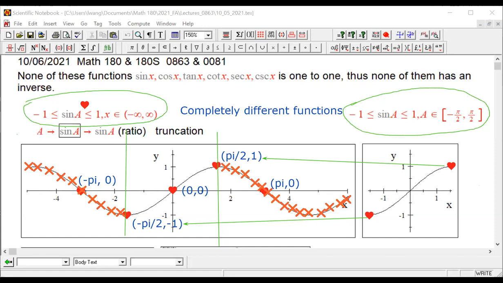Okay, and what's the consequence of this cutting? Right? What's the consequence of this cutting? Okay, let me see if I can bring another picture into our situation.